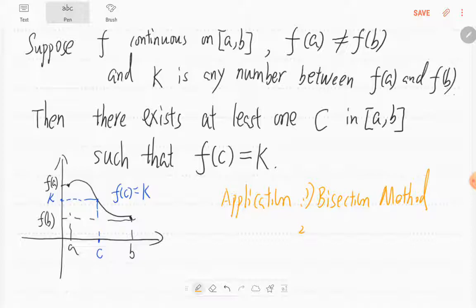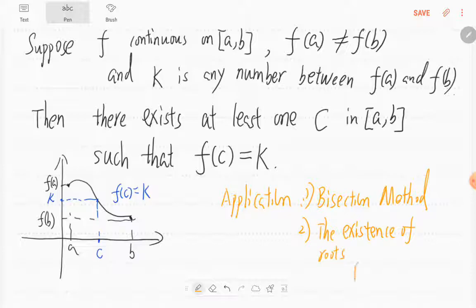Another application is the existence of a root.